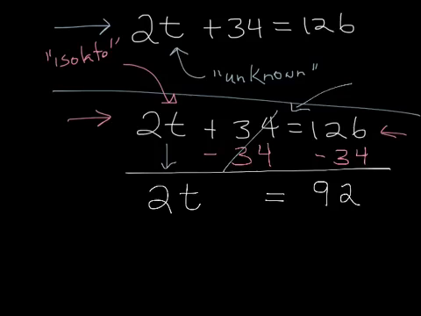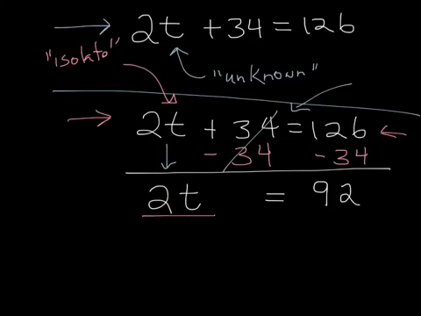And you might say, well, that looks good, but I still have not isolated my variable here. I have a 2 stuck beside it. Remember I said when there's nothing in between, this means 2 times t? Up here, I undid addition with subtraction. Well, you undo multiplication with a division.